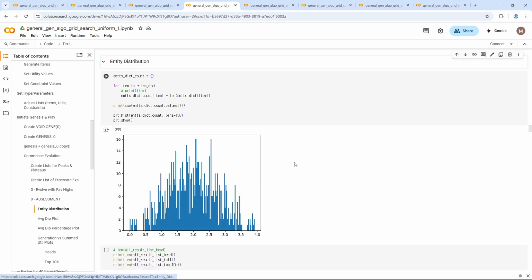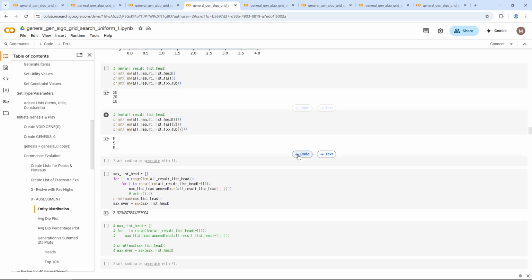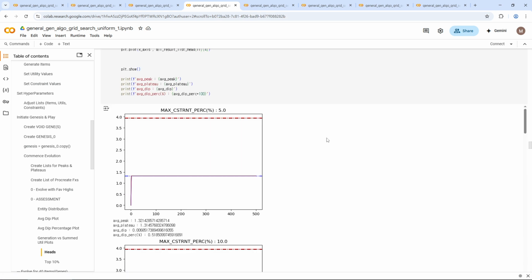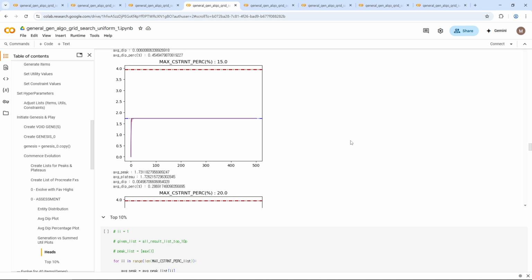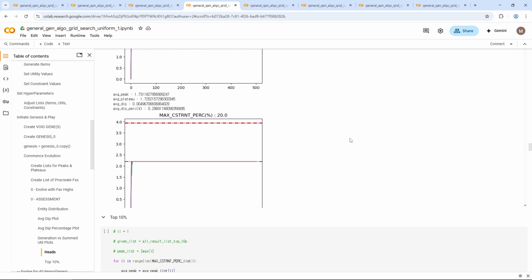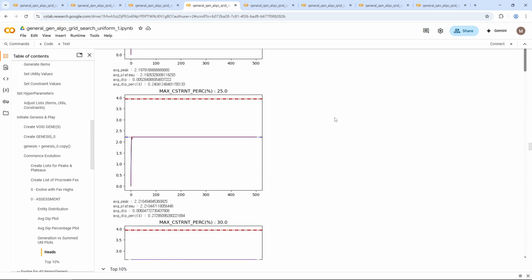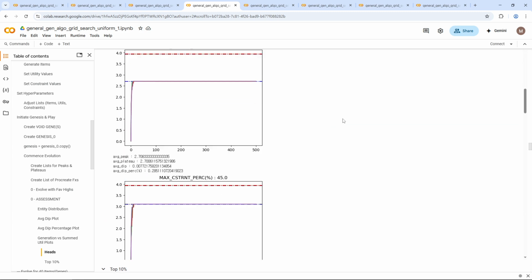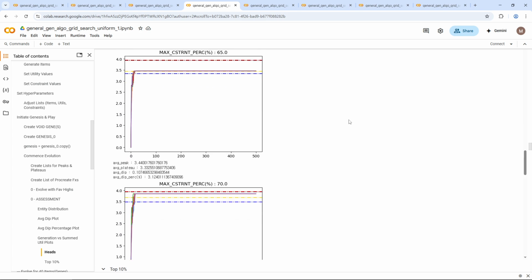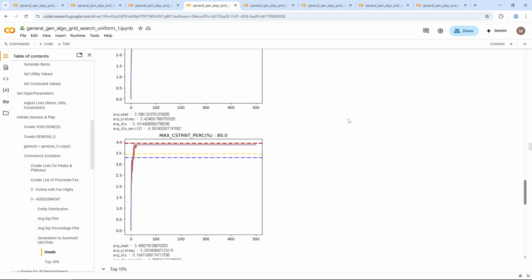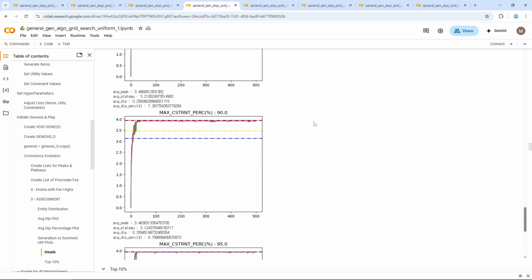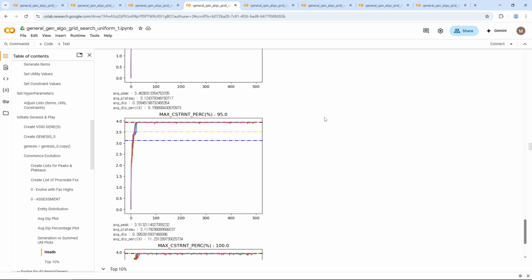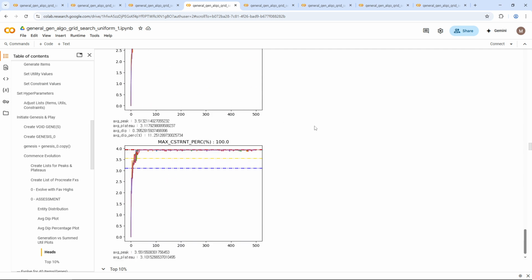What was the maximum ever? 3.92. So let's see when we hit that. Towards the end, of course. 85, not so. At 90 we do. At 95 we definitely do. At 100 we do.